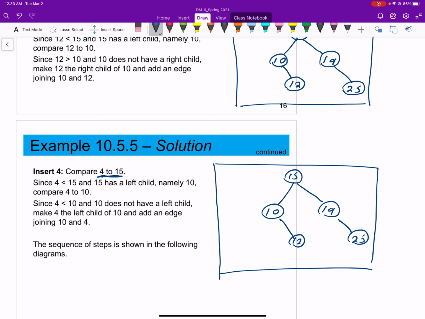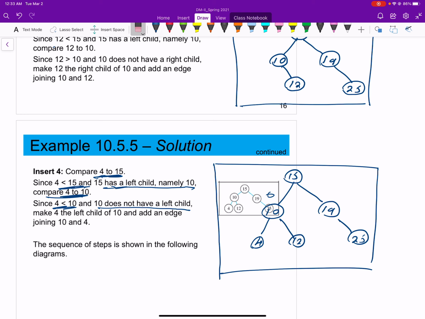All right, we compare 4 with 15. 4 is less than 15 and 15 has a left child, namely 10. Then you go down and compare 4 with 10. 4 is less than 10 and 10 does not have a left child, so you add 4 right here.